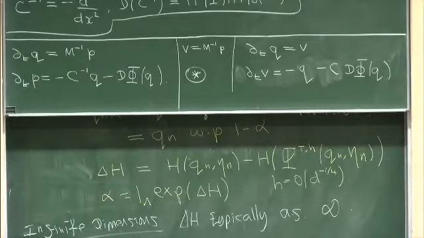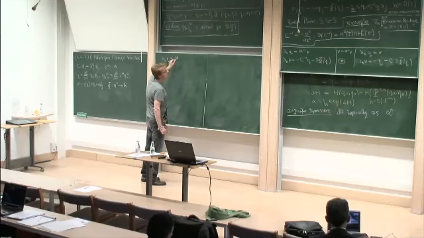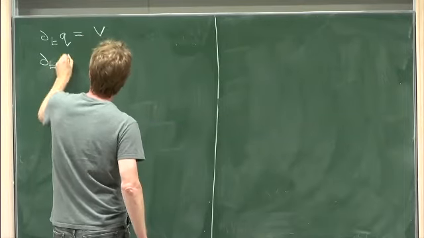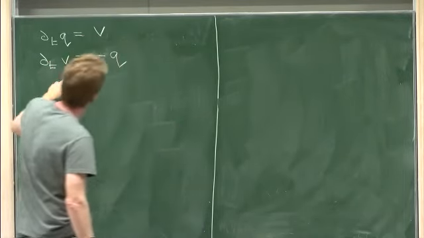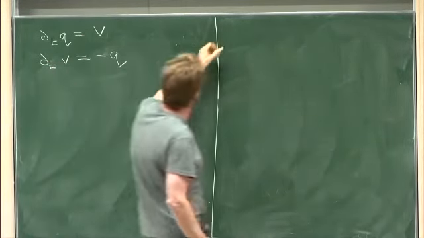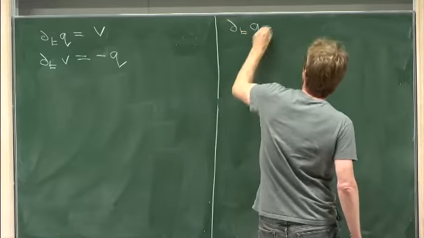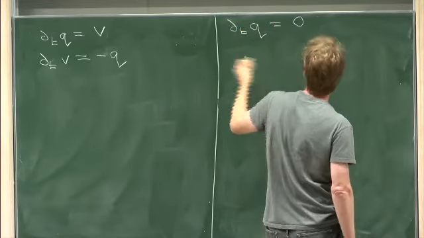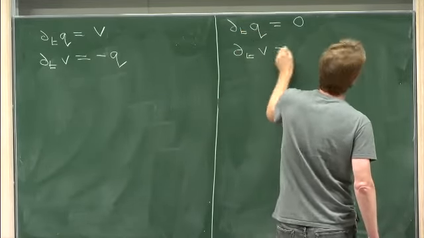So the linear part is just this oscillator, and the nonlinear part is this.